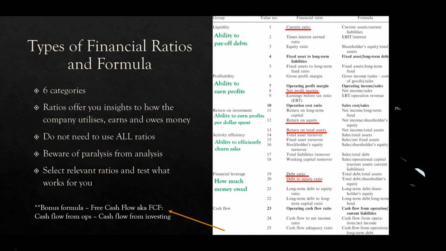Which is the ability for my assets to pay off all the total debts. Okay. And then I also will look at the DE ratio, which is called the debt to equity ratio. So this is also just an indication of how much debt I need to pay off with the net equity that I have within the company.